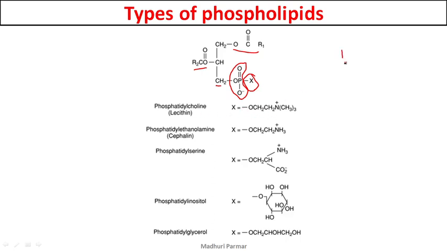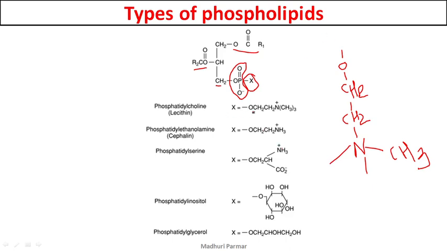Phosphatidylcholine is basically like this: it has O, it has CH2, CH2, then it has one N, and to this N there are three methyl groups, CH3, again here CH3 and here CH3. So this is basically the X group.